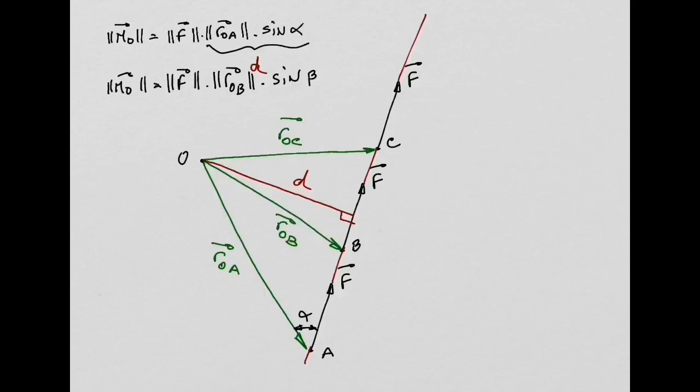And that angle beta that I'm looking for now is the angle between ROB and my force F, isn't it? Is this angle. So again, ROB sine of beta is going to be my distance D in the perpendicular direction to the force, right?